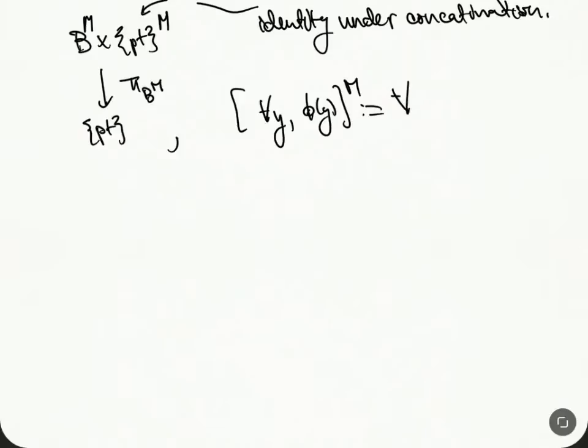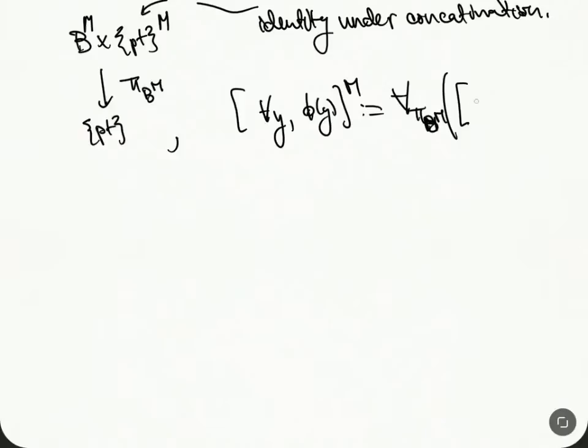So now we use the fact that there's this adjoint here, pi of b to the m, and now we apply this to this subobject. We could also do it for the exists thing, and we'll do it for the exists thing in a second.